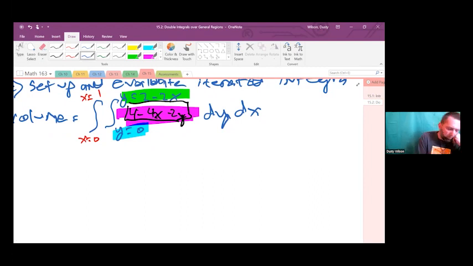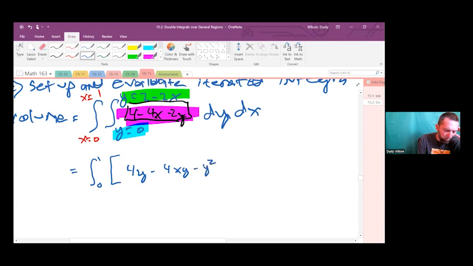At this stage, we just have to evaluate it and see what good things happen. So this will be the integral from 0 to 1, and then bracket. The antiderivative with respect to y would be 4y minus 4xy minus y squared, from y equals 0 to y equals 2 minus 2x, and all this is dx.